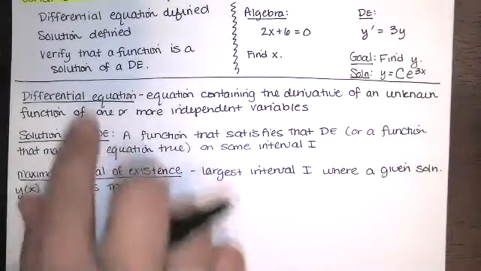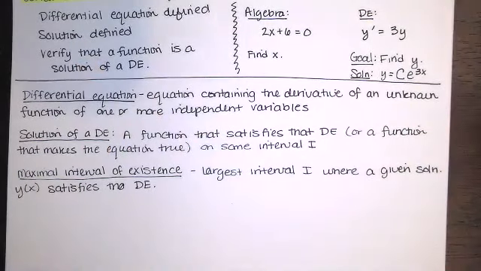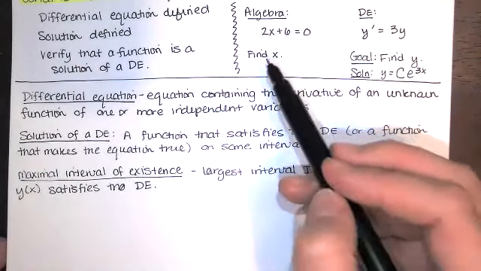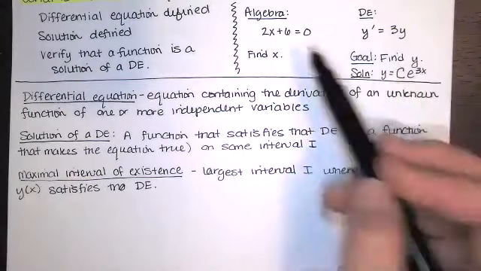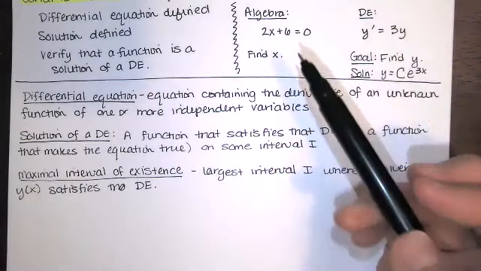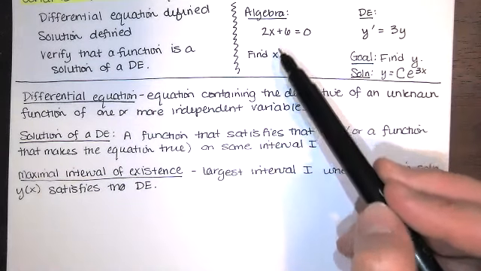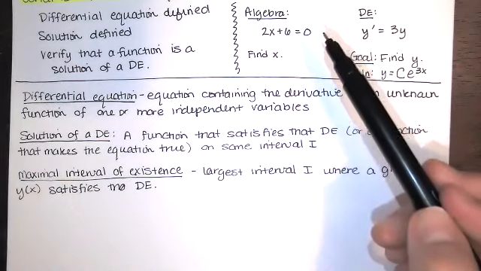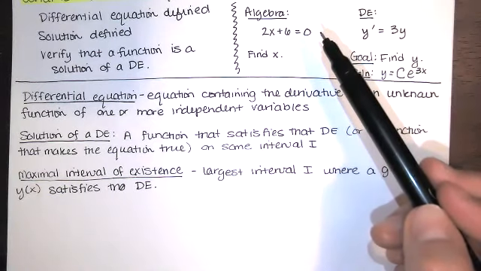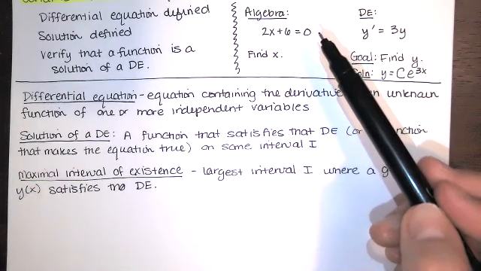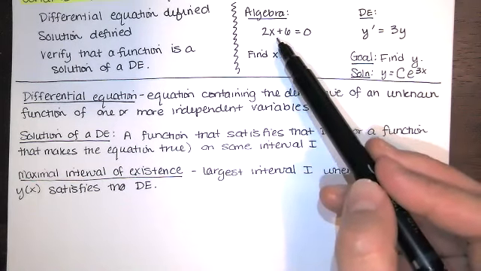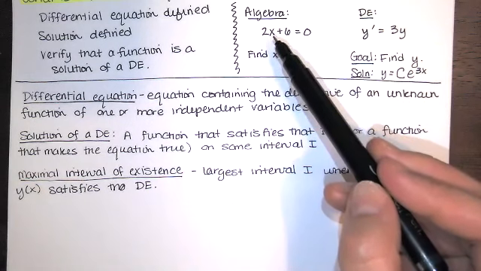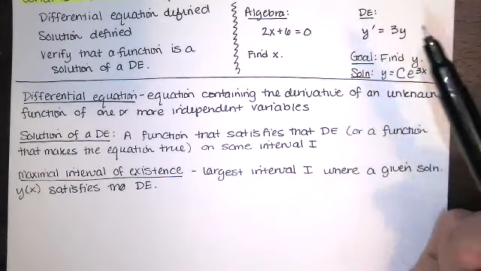Now, if somebody asks you to verify that a function is a solution of a differential equation, it's basically the same as verifying whether an x value is a solution to an algebraic equation. You just say, well, if I say x equals 1, is that a solution to this equation? One way that you can determine whether x equals 1 works is to just plug it in and see if you get 0. 2 times 1 is 2. 2 plus 6 is 8. 8 is not equal to 0.